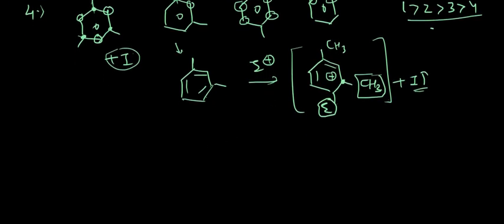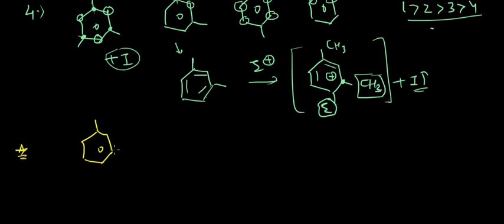One important point to note here is that metaxylene is more reactive than paraxylene towards electrophilic aromatic substitution reaction, because one methyl will reinforce the other. So I will first write what is metaxylene and paraxylene.